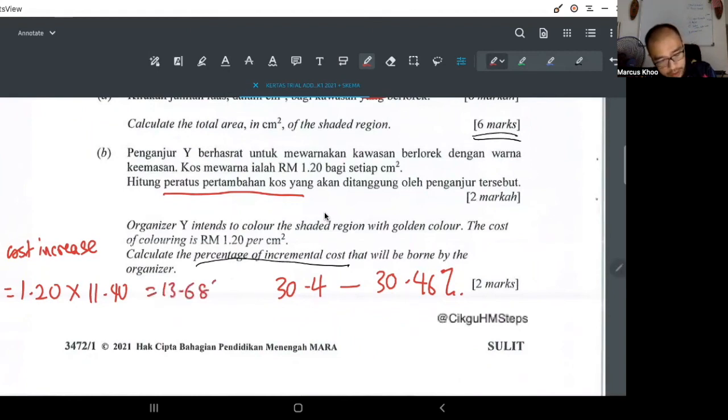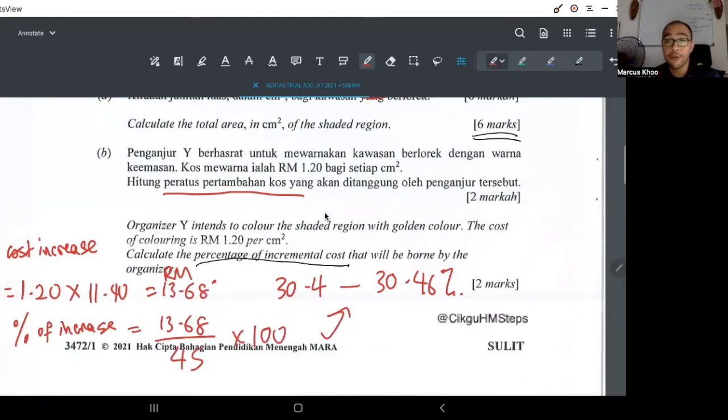That's the cost increase. So how about the percentage of the cost increase? The percentage of increase will be 1368 over the original price, 45 ringgit, times 100. And you should get about 30.4 to 30.46%.